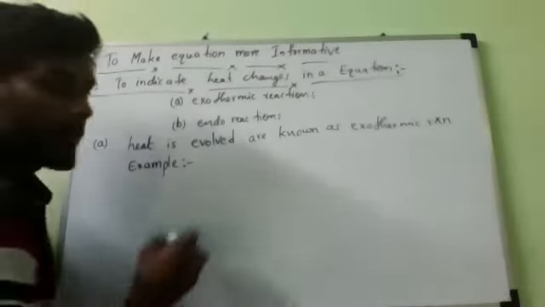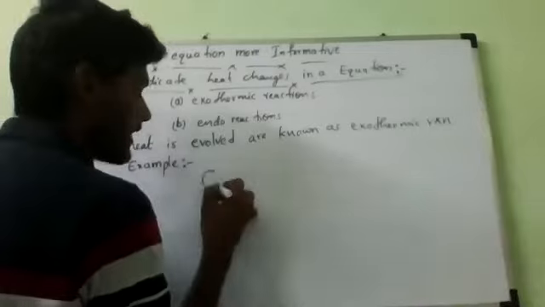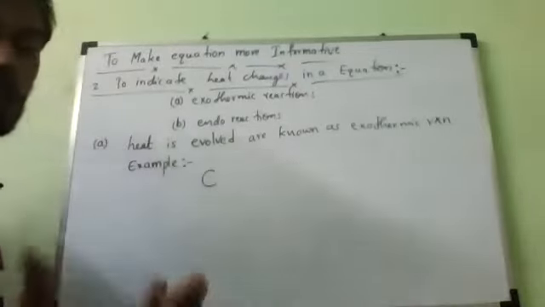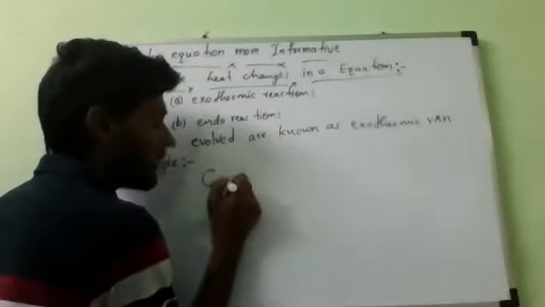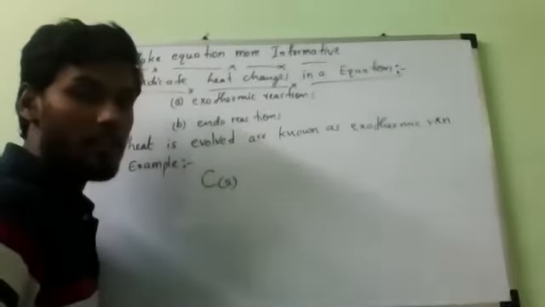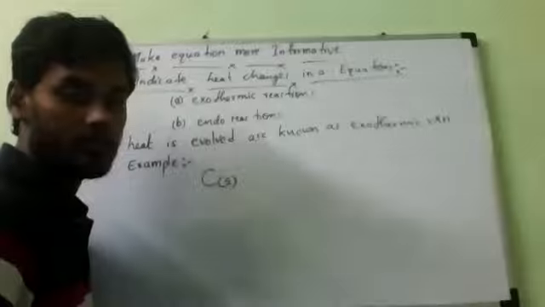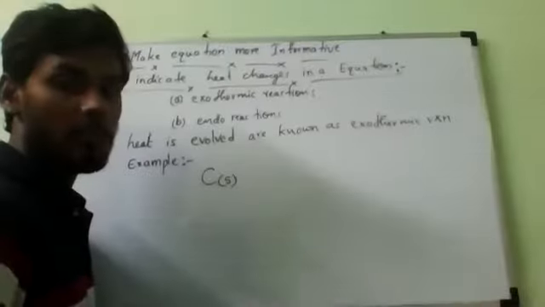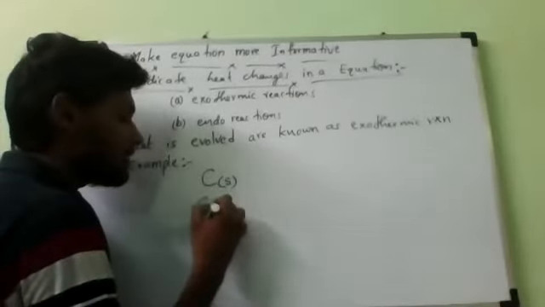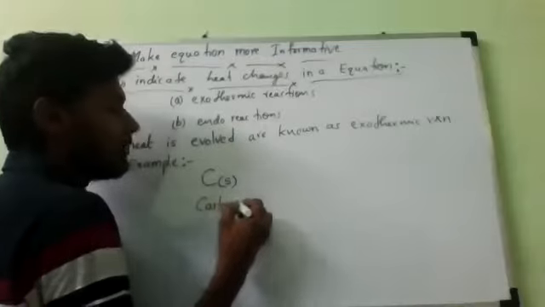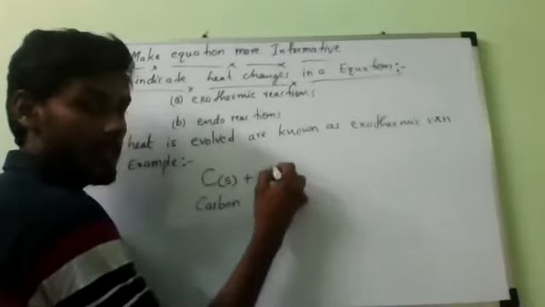If you observe carbon, how many of you know carbon? Any kind of coal or wood or paper, everything contains carbon. What is the state of carbon? Solid, very good. If you start burning carbon, it will react with what? Burning means oxygen.